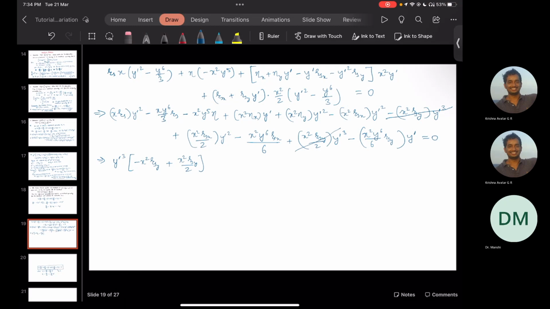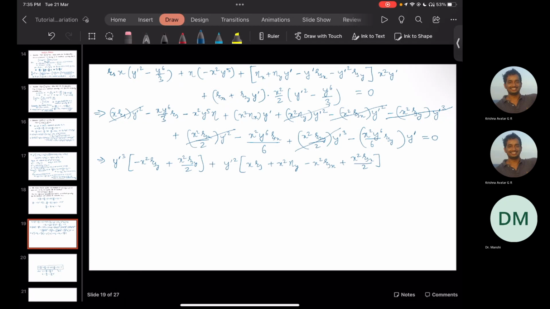Now with y prime squared, first is xi, and the second is plus x squared eta y. Third is minus x squared eta x, and the fourth is x by 2.